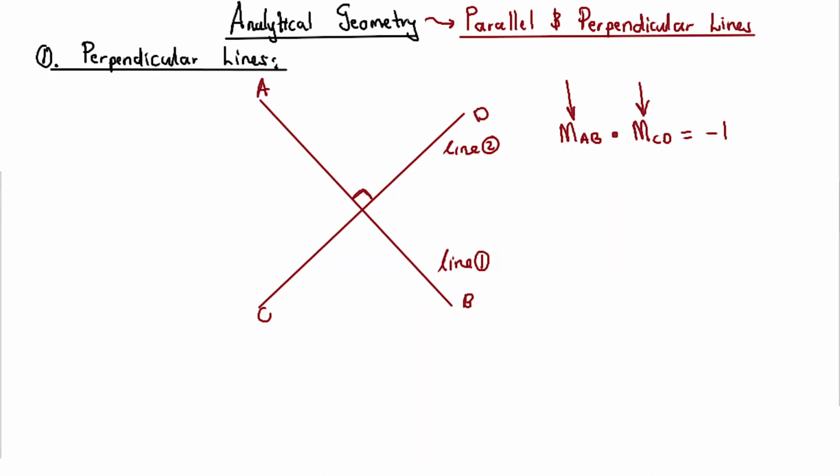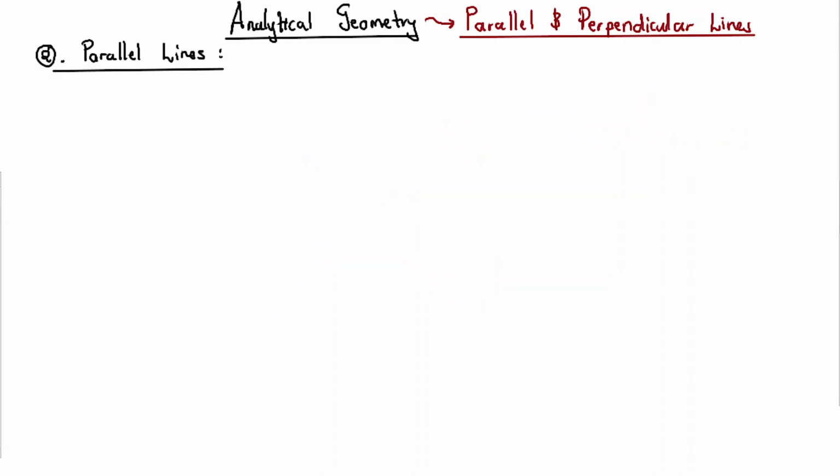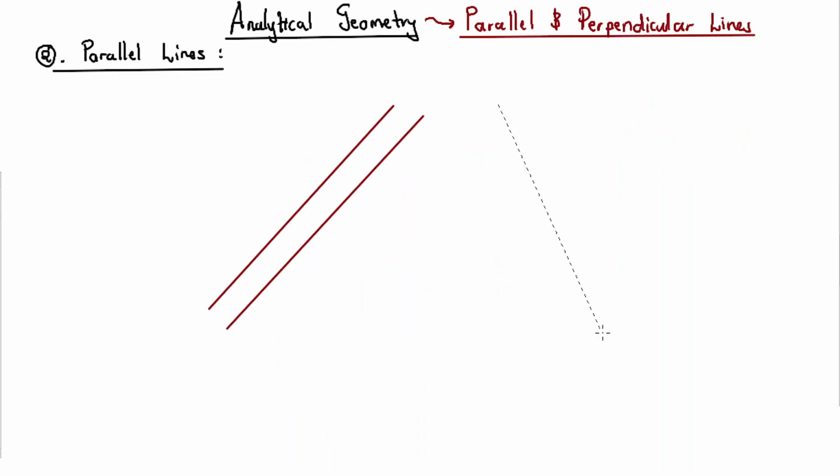Now let's also talk about parallel lines. Say maybe I have two lines. Of course, they don't have to be slanted like this every single time in order to be parallel lines. You can also get them in this arrangement.